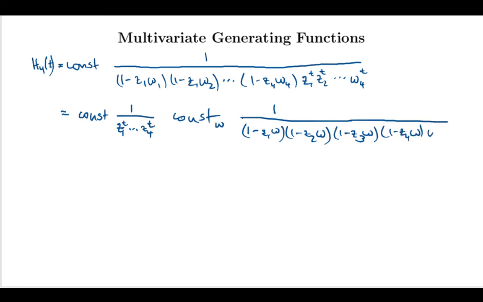And then there's my w to the t. But we're going to have to do this with respect to each wj. Each of those constant term computations is going to be independent, and so it's really the same computation that we're doing here 4 times. So we'll get this result to the power 4.